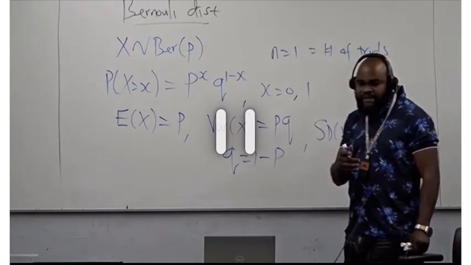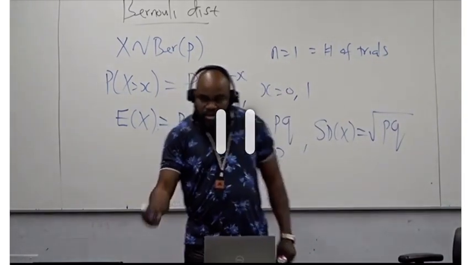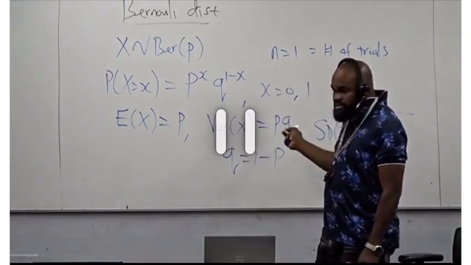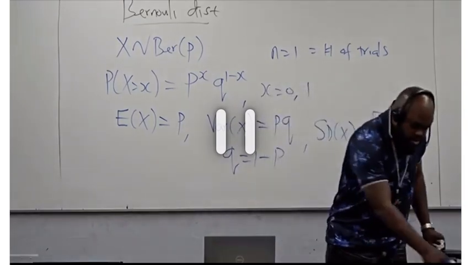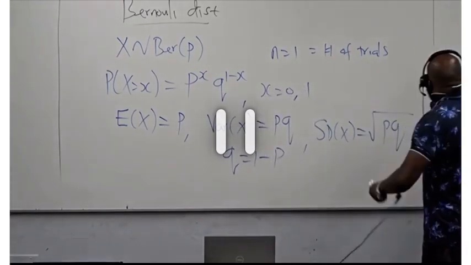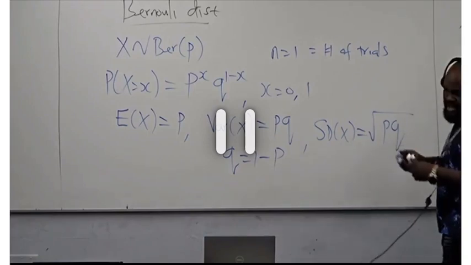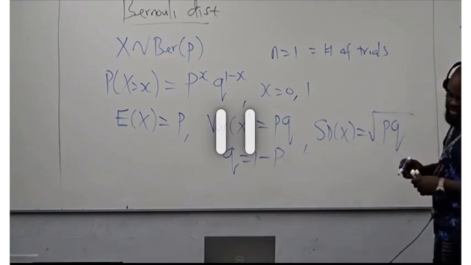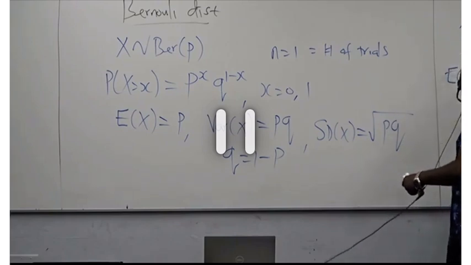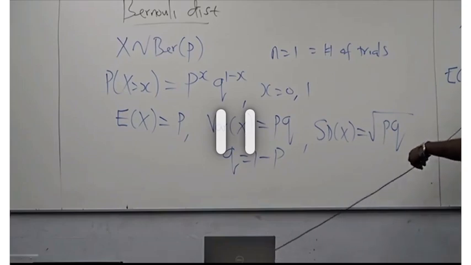Now, based on the assignment I uploaded yesterday, do you know you can also do linear combinations with Bernoulli? For instance, if a question says y is 3x minus 2, somebody can say find the expected value of y, the expectation of y squared, the variance of y, the variance of y squared.